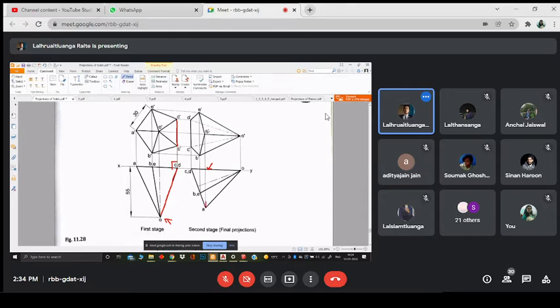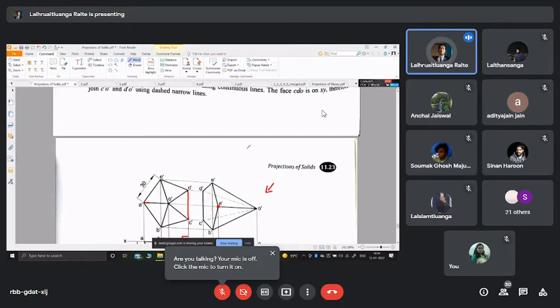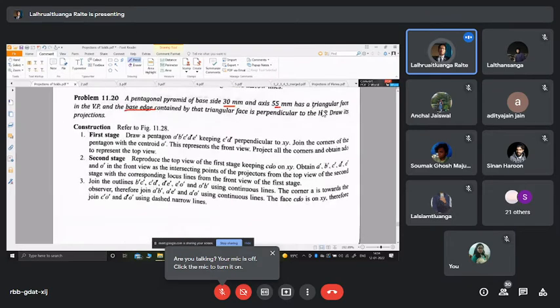The projections of points from the top view and projections of points from the front view are being met to obtain the true front view, and as such we finally get our front view image. All right, so we must always read the problem carefully. The problem is telling us that the triangular face of the pentagonal pyramid is in the VP.